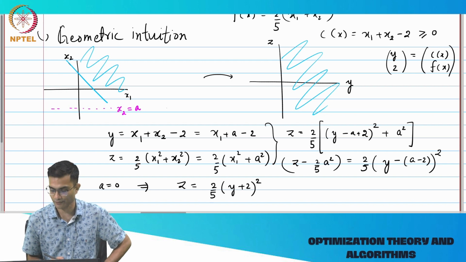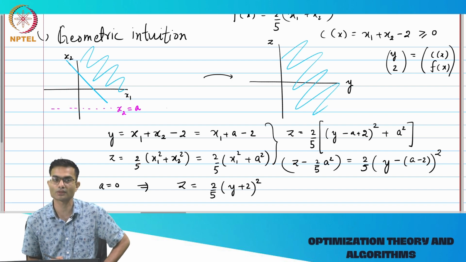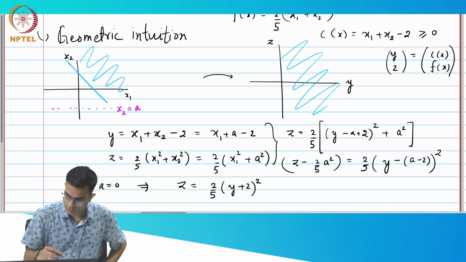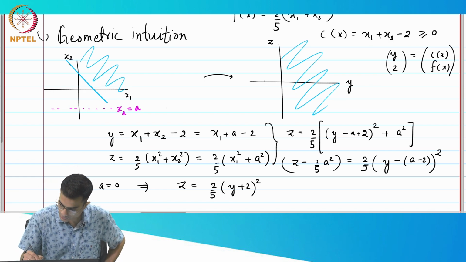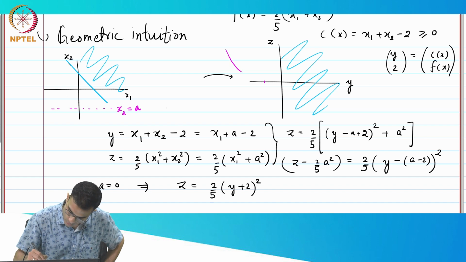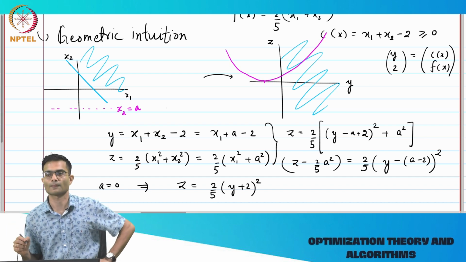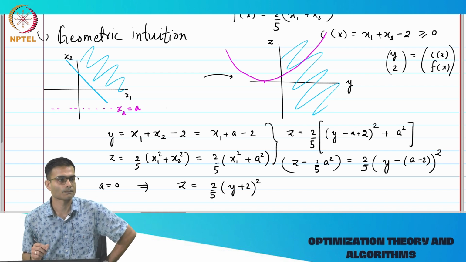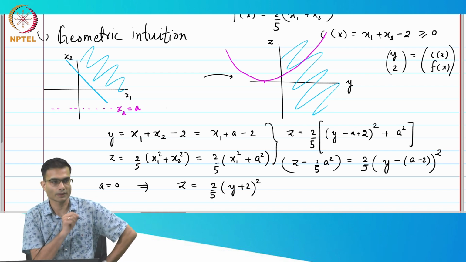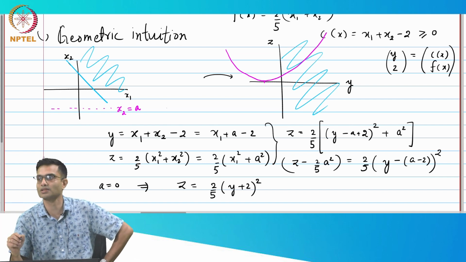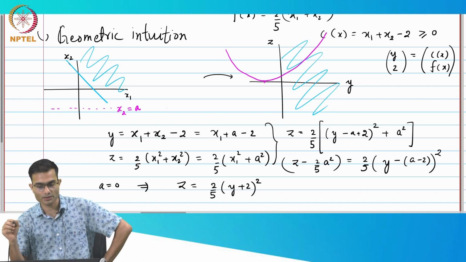So you can substitute, right? When I put y equal to minus 2, what is the value of z? 0, right? So this parabola actually looks like this. Everyone agrees? This one line x equal to a has been mapped to one parabola, right? So it's not such a straightforward transformation, but it's mapped over here.